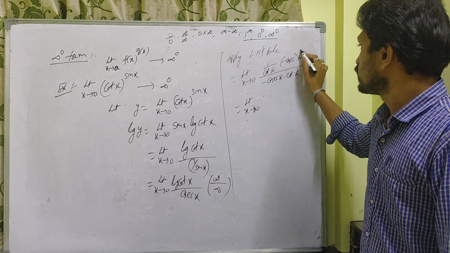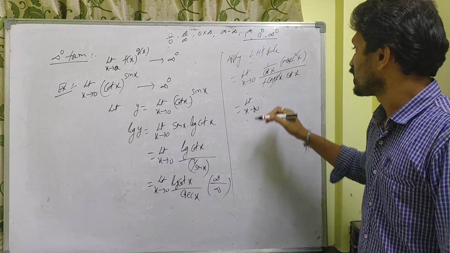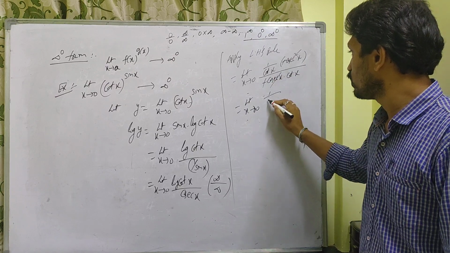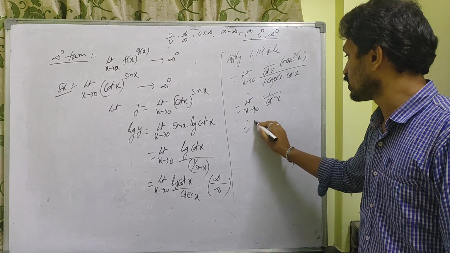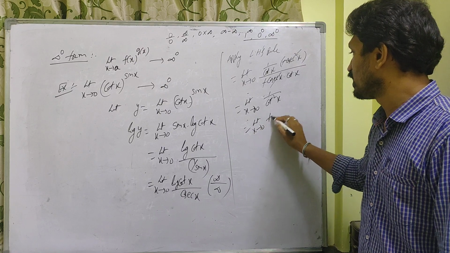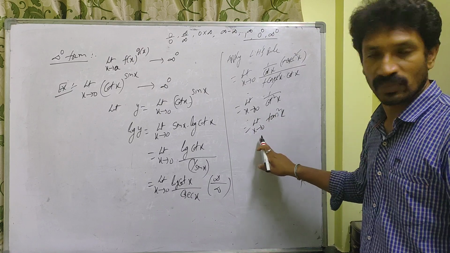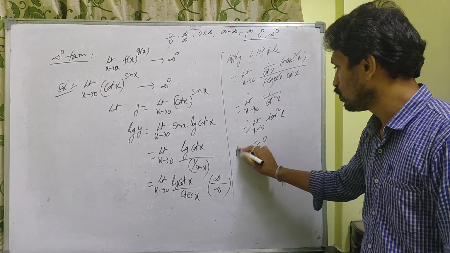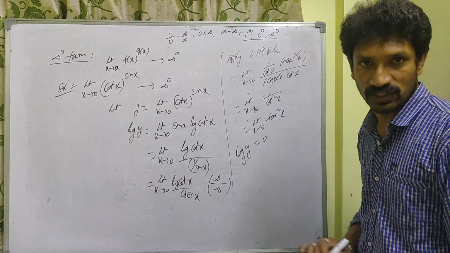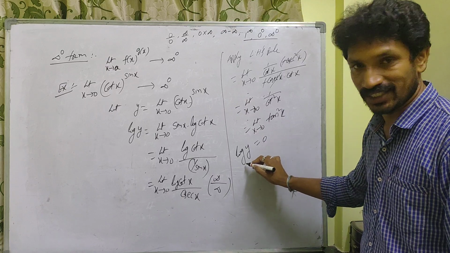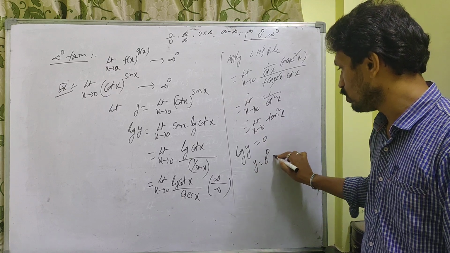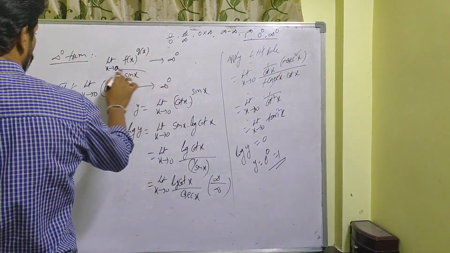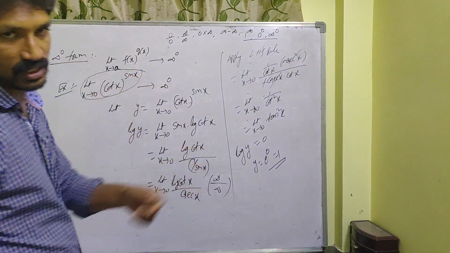See here, one cosecant x cancels, and minus minus get cancelled. So this cot x comes to the denominator, that is 1 by cot square x, which is nothing but limit x tends to 0 tan square x. As x tends to 0, tan 0 is 0, so this is equal to 0. So log y value is 0. That means if your base is e, y is equal to e power 0, which is equal to 1. So the value of limit x tends to 0, cot x power sin x is 1.